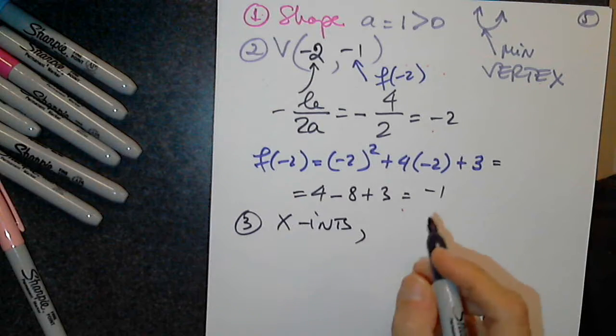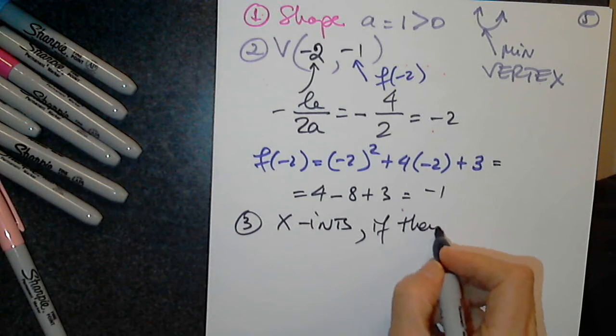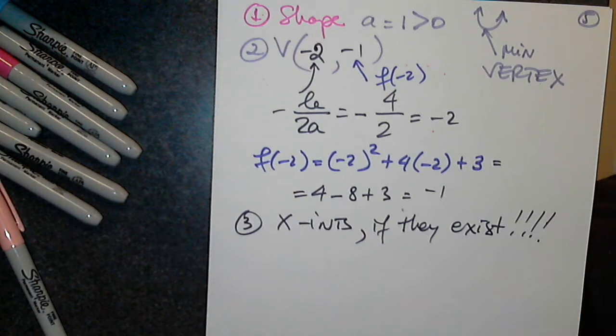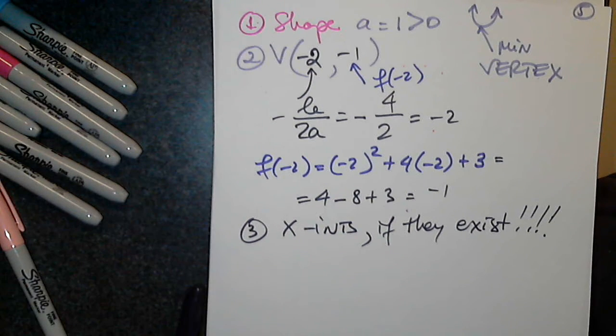X-intercepts, if they exist. Let's talk about this, because I don't want to waste my time, especially in the test situation, if they don't exist. So we agree that this is a minimum.